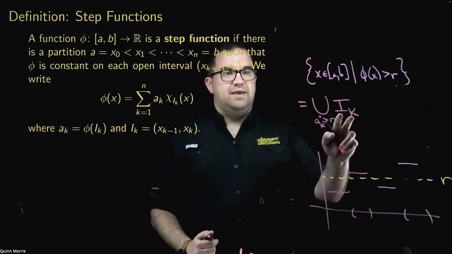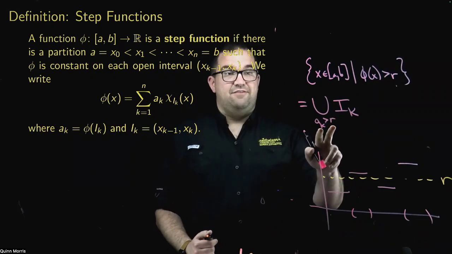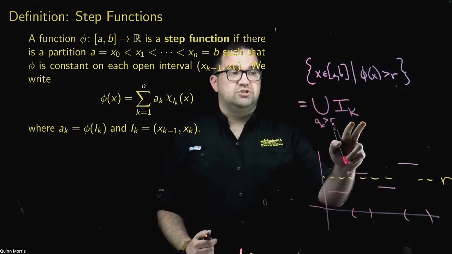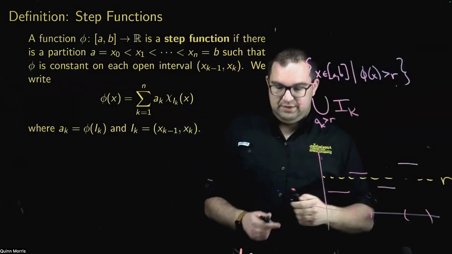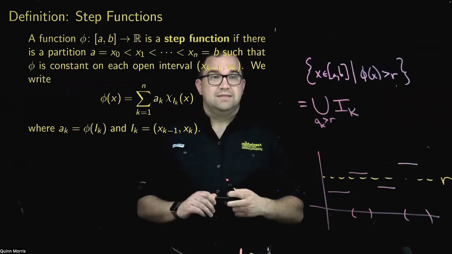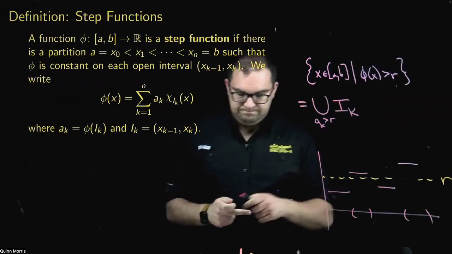But each of these I sub k's is an interval. This is a finite union of intervals, which is measurable. Therefore, this set is measurable, the measurability conditions are satisfied, and step functions are measurable.